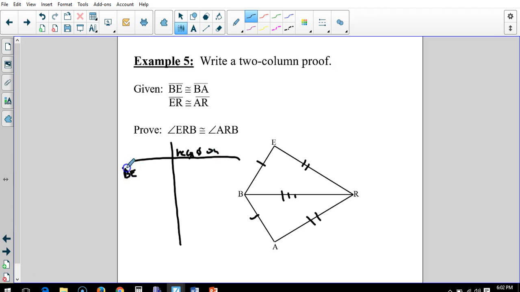So BE is congruent to BA, and ER is congruent to AR. Given. We say that BR is congruent to itself by the reflexive property.